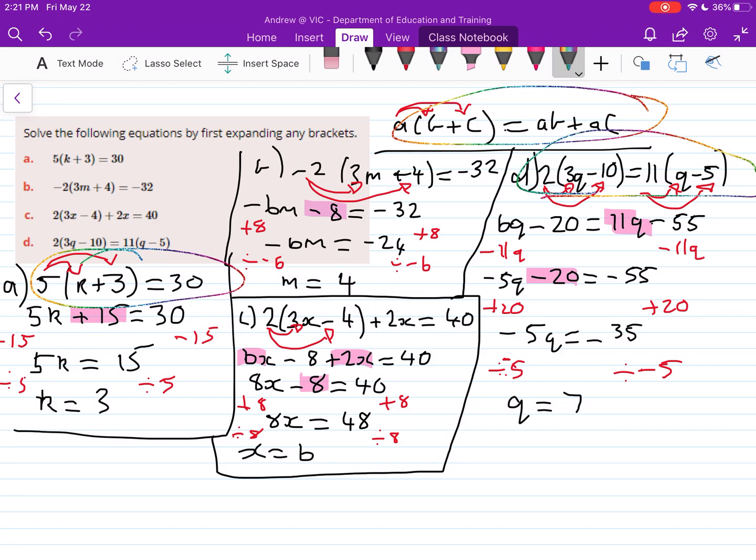Just make sure you're doing that accurately, and then it's just collecting like terms. So here you might need to collect like terms and get them all together, and then solve for your unknown, as in our last example here. So they're the steps of it. So hopefully this has helped you, and good luck when trying to complete solving equations with brackets.